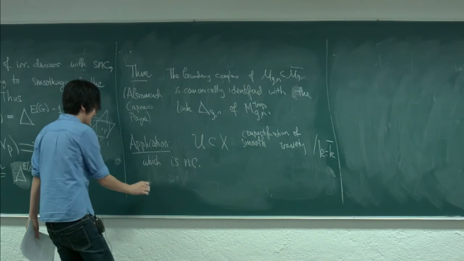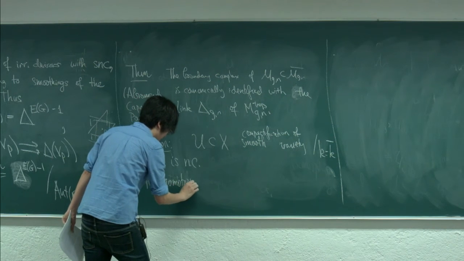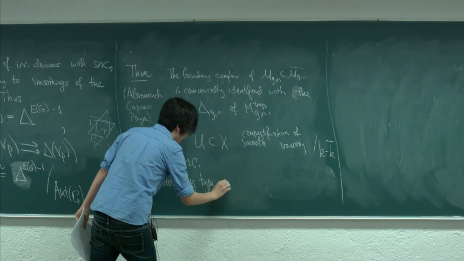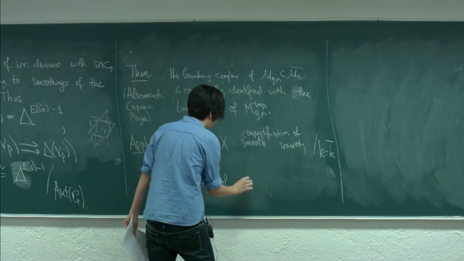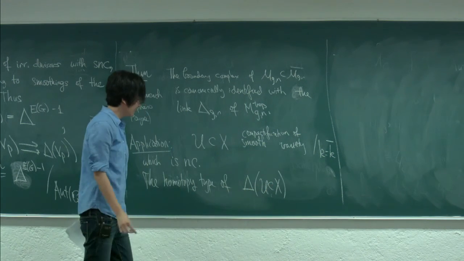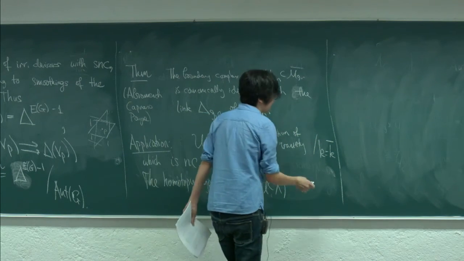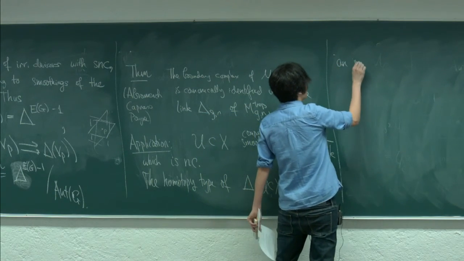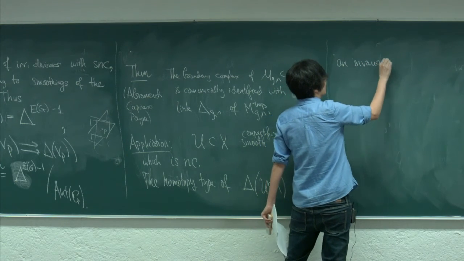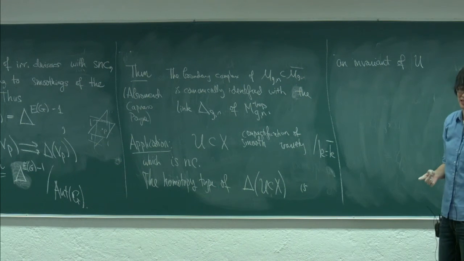Then it is a fact that the homotopy type of the boundary complex of U inside X is an invariant, so it depends only on U itself and not on the particular normal crossings compactification.